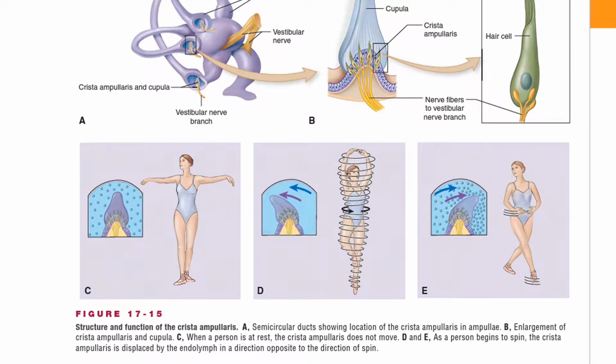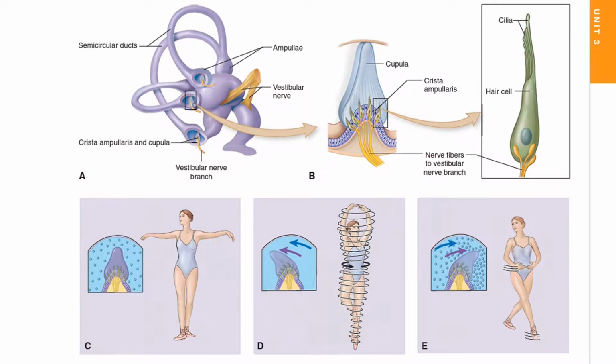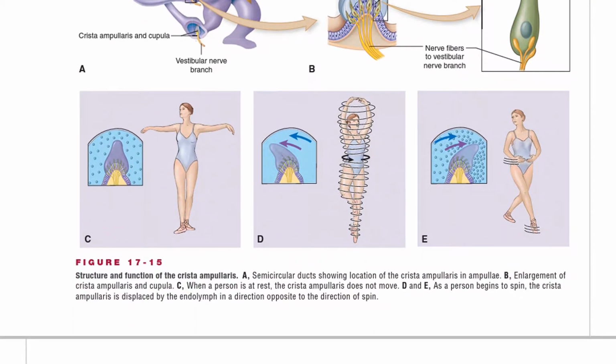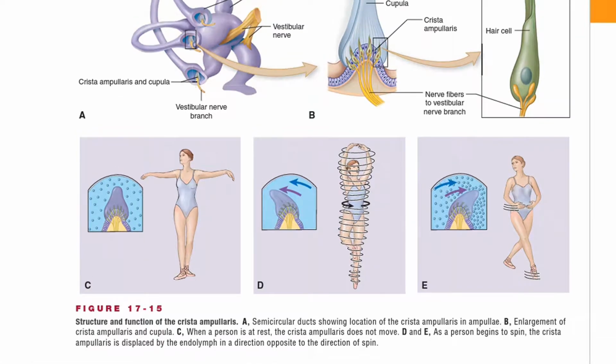I have tried to explain all the theory points, but just in case you have some doubt, you can read this and try to understand the A, B, C, D, E figure, so you will get your point.